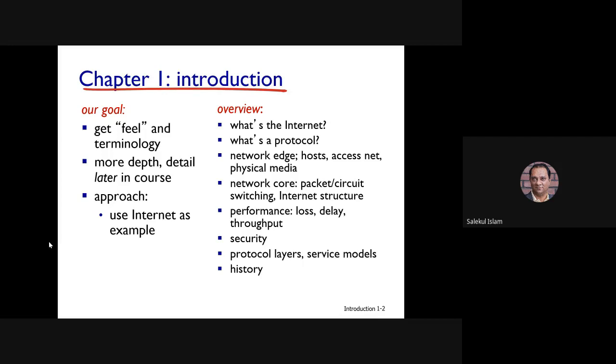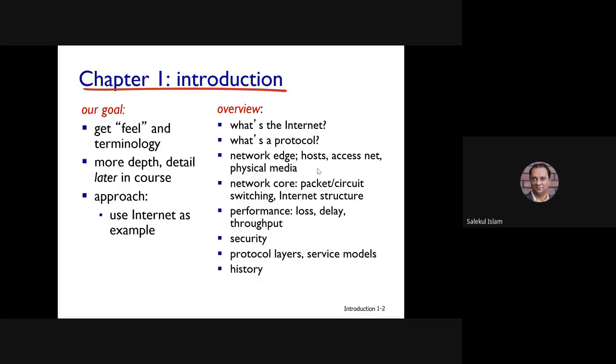So what are we going to cover in this chapter? This is about the whole chapter. We are going to discuss what the internet is, and what a protocol is, that means a generic definition of a protocol. When we say protocol, what do we mean by a protocol?